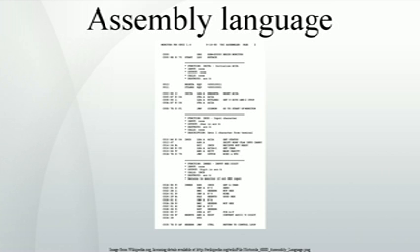Assembly directives. Assembly directives, also called pseudo-opcodes, pseudo-operations or pseudo-ops, are instructions that are executed by an assembler at assembly time, not by a CPU at runtime. The names of pseudo-ops often start with a dot to distinguish them from machine instructions.